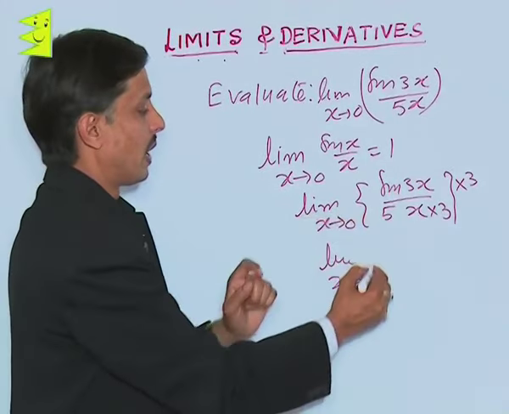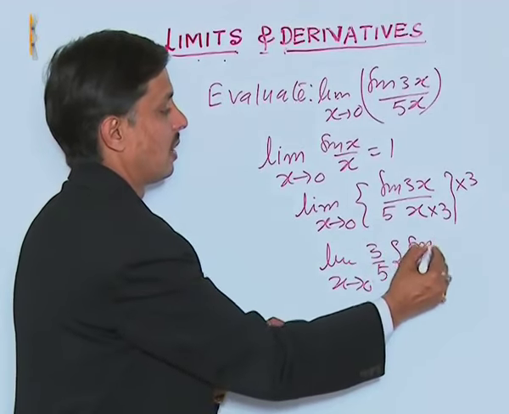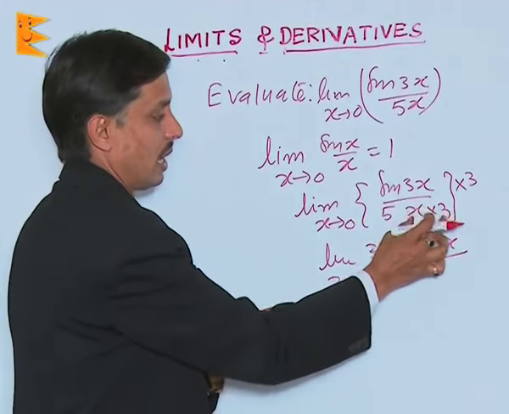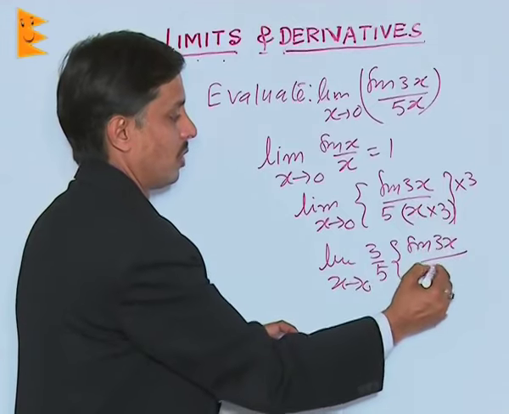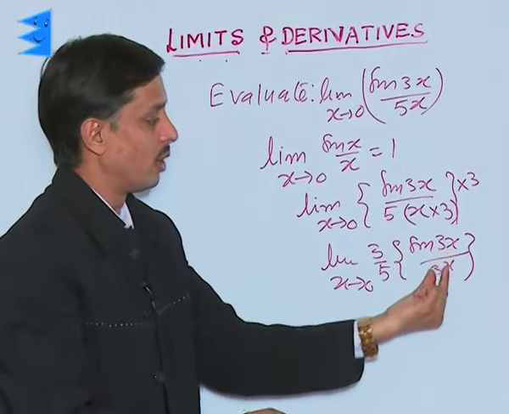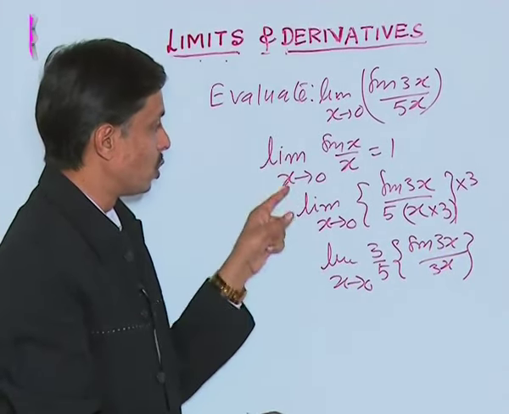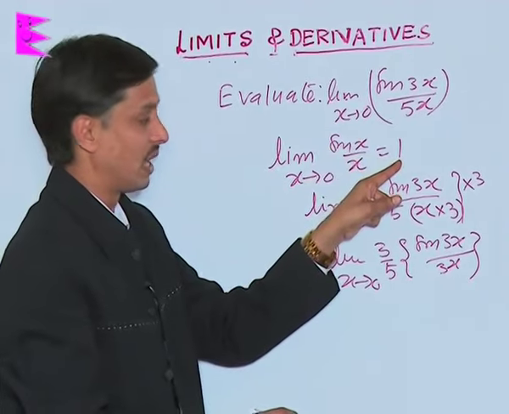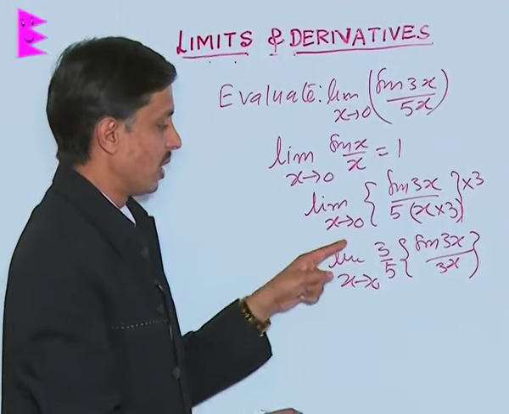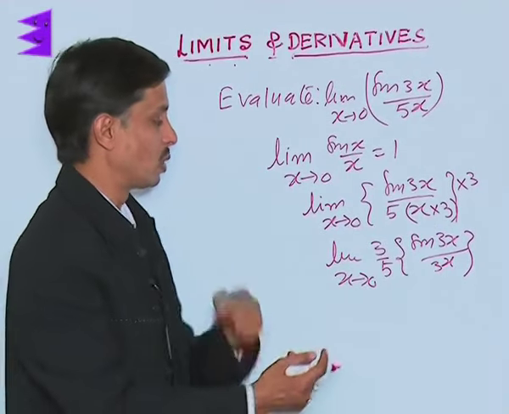So this problem can be written as limit as x tends to 0 of 3 upon 5, taken outside, times sin 3x upon 3x. Now the angle and denominator become equal, and you know that the limit of sin x upon x is 1, so the limit of sin 3x upon 3x will also be 1.